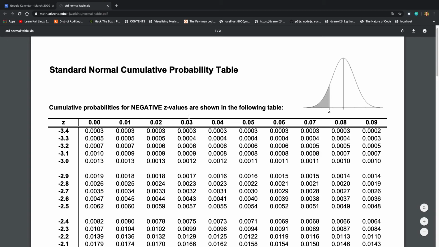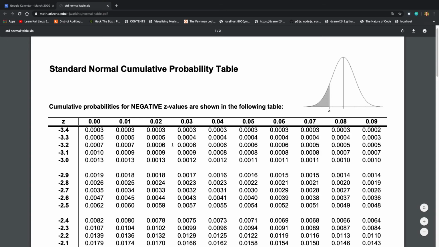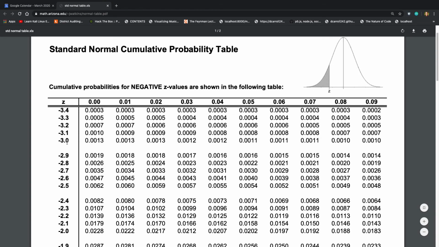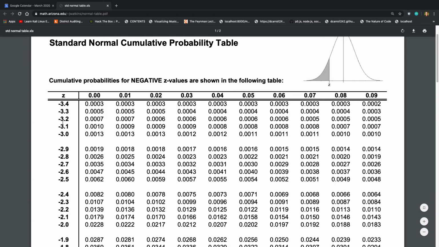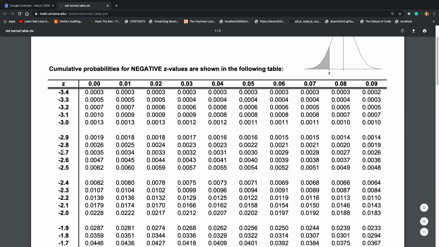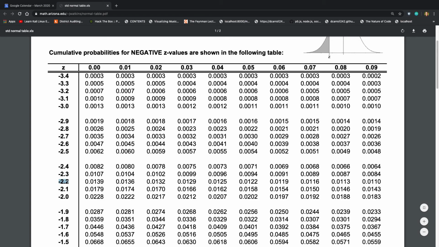Well, I'm on the left-hand side, so I'm going to use this side of the sheet. You start on the left-hand side, and you say, okay, this z value is negative 2.25. So I have negative 2.2. And then, depending on the third number, you go along these columns. So this would be negative 2.20, negative 2.21, right? And so this one here would be negative 2.25.